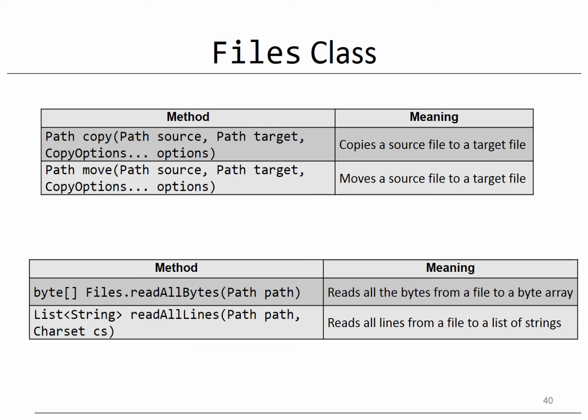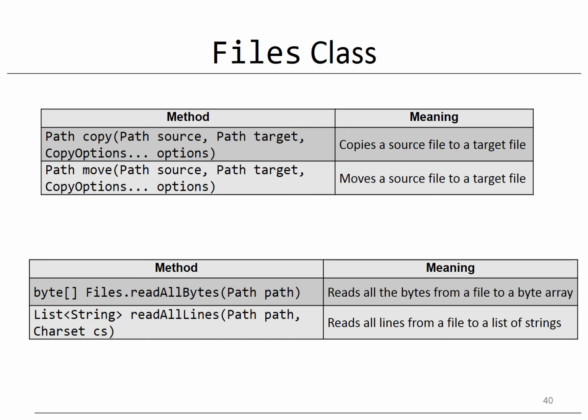Let's now also take a look at how to read, write, and create files using the NIO2 API. The readAllBytes method reads all the bytes from a file to a byte array. This method takes care of opening and closing the file for you.